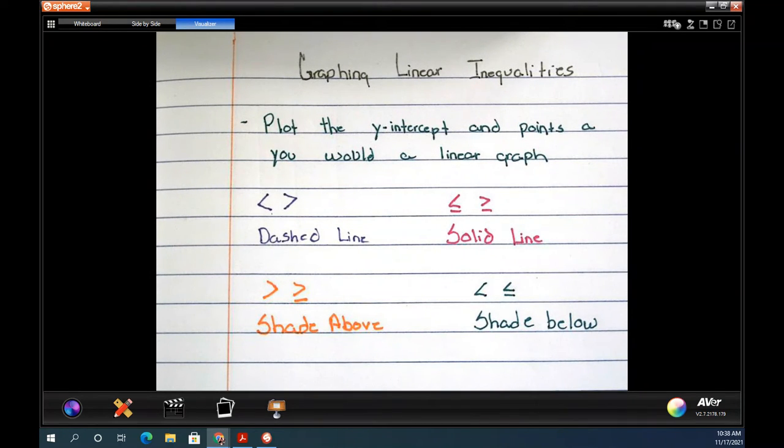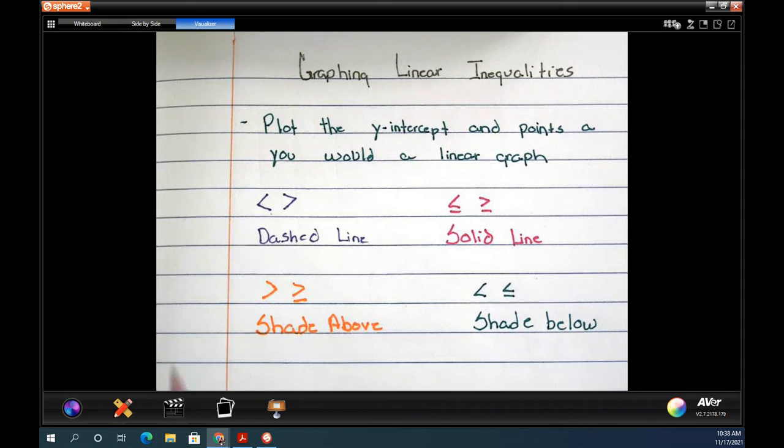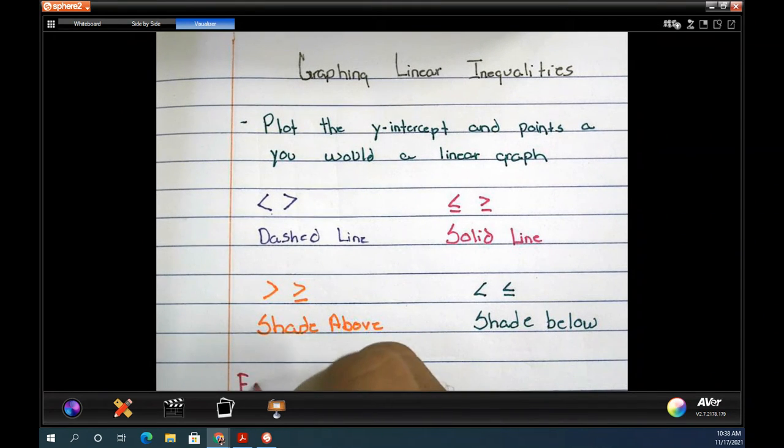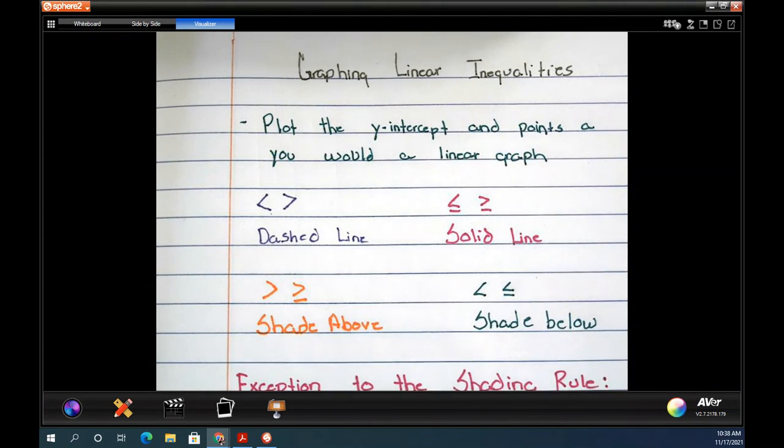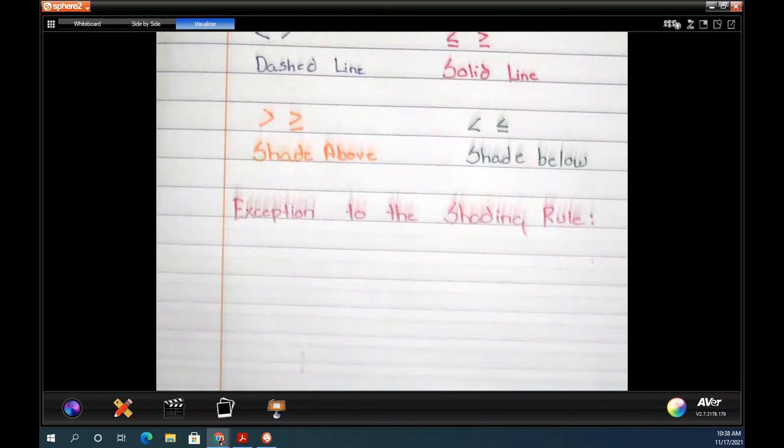Now, an exception to the shading rule. Here's your exception.